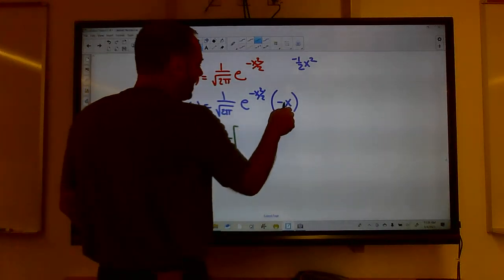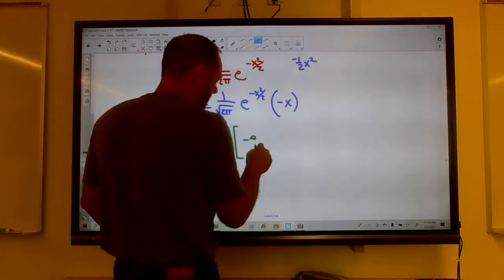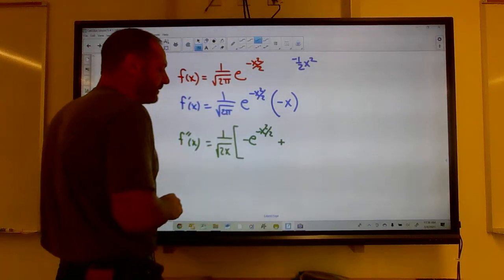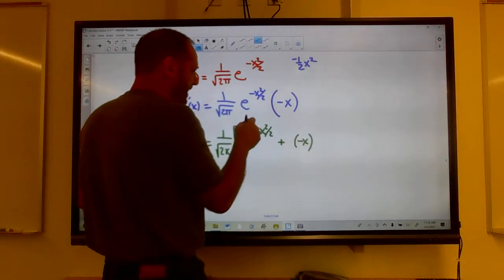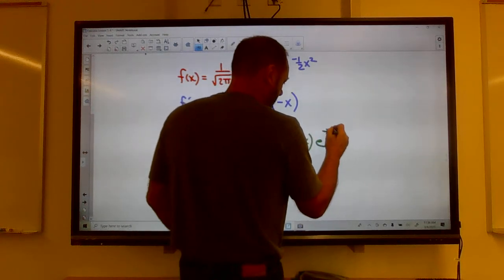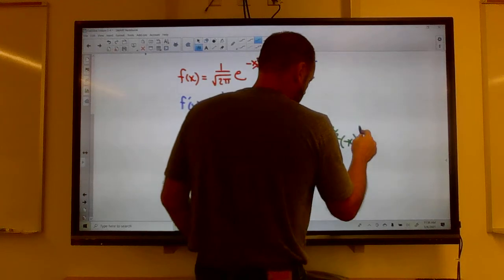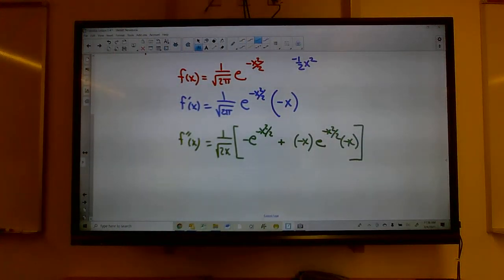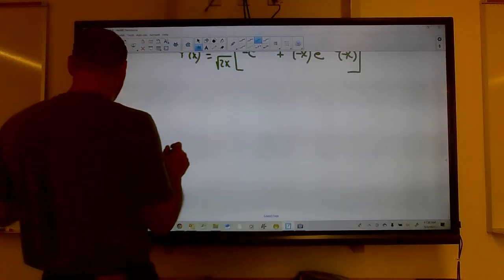So this is going to be, if we take the derivative of this is -1 times e to the negative x squared over 2 plus negative x times the derivative of this, which is going to be e to the negative x squared over 2 times negative x. Okay, so then I can clean this thing up.